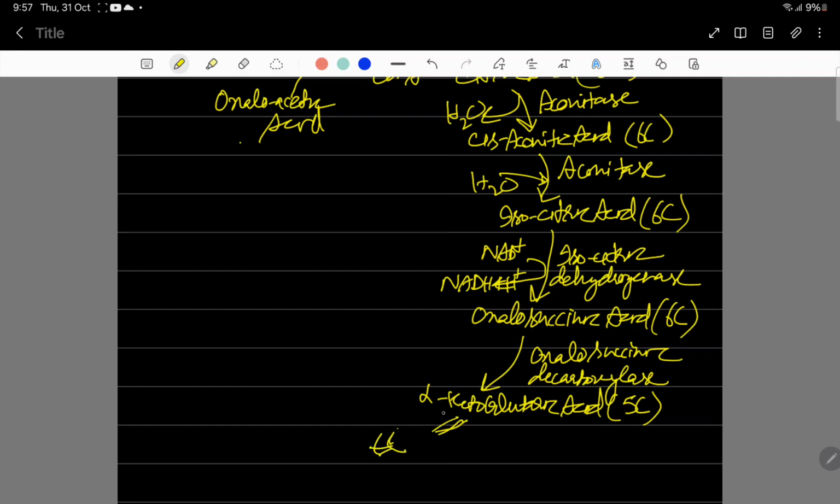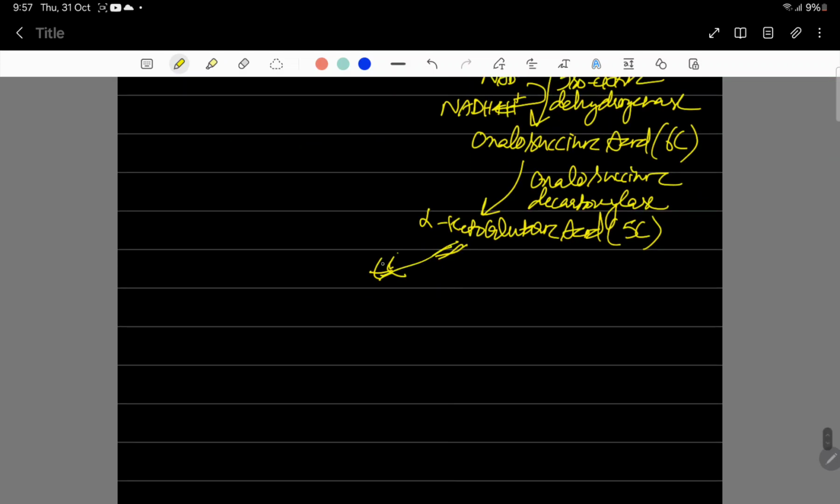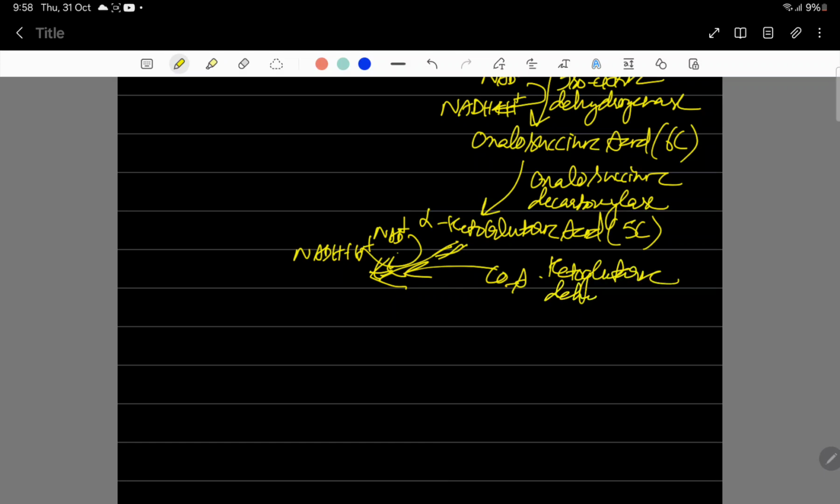Then again it releases NAD positive, NADH plus H positive, with coenzyme A and enzyme ketoglutaric dehydrogenase.